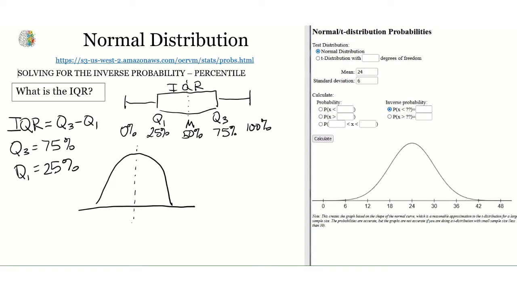My mean is my middle number, and I'm looking for my Q1 and my Q3. My Q1 is going to be at 25%, and my Q3 is going to be at 75%. I'm looking for what this middle value is. This is going to be my IQR, or my middle 50%.